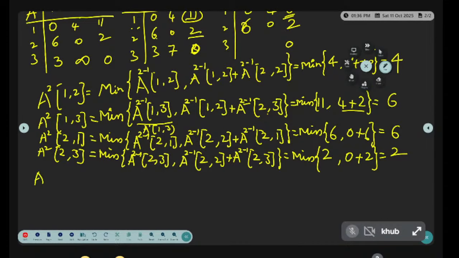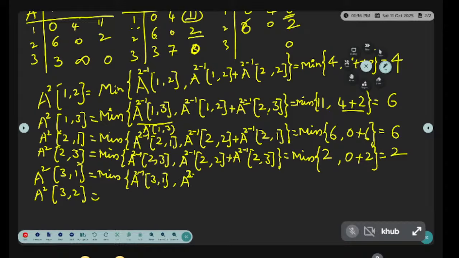a power 2 of 3 comma 1 and also a power 2 of 3 comma 2. This is minimum of a power 2 minus 1 of 3 comma 1, comma a power 2 minus 1 of 3 comma 2, that is i comma k plus a power k minus 1 of k comma j.